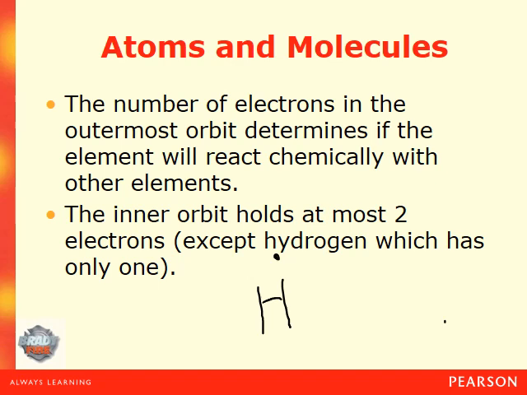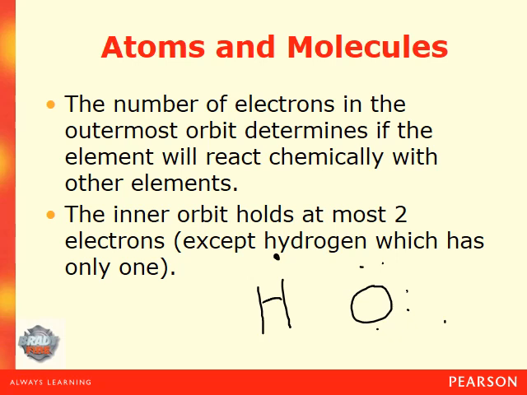Now, we all know water is made up of hydrogen and oxygen, so here's basically how it is illustrated. We have hydrogen here, and it has 1 electron in the outer shell. Oxygen actually has 6 electrons in that outer shell.